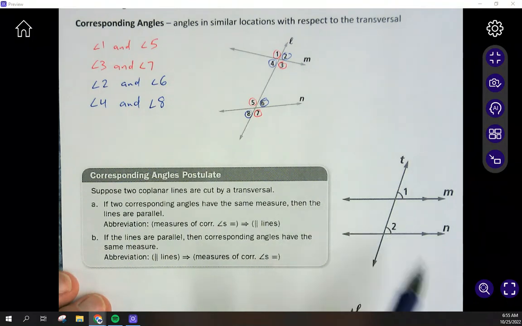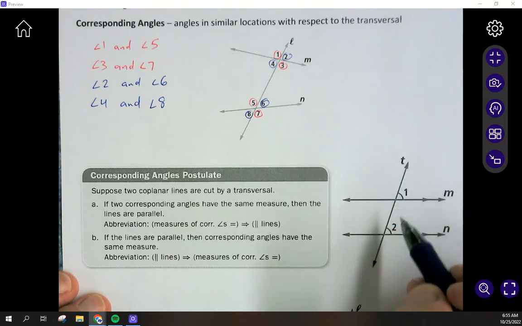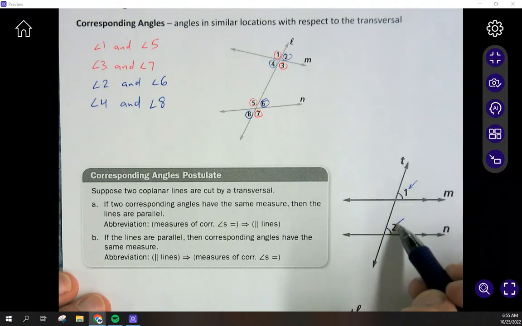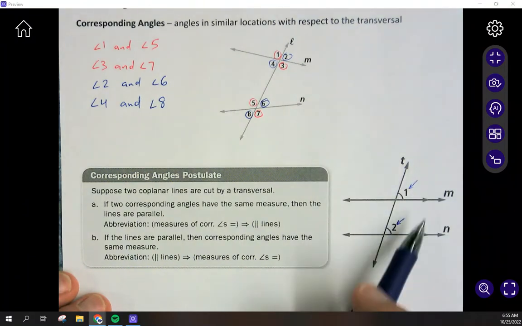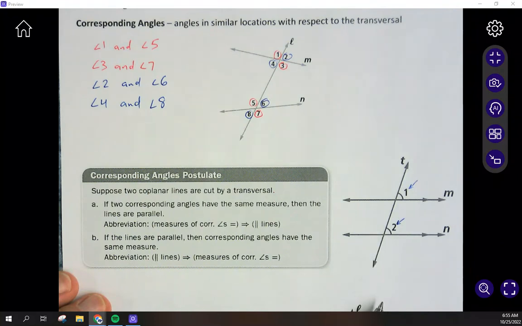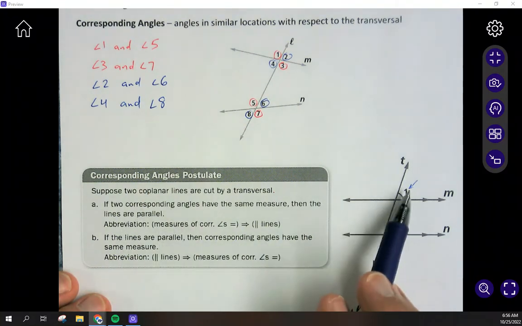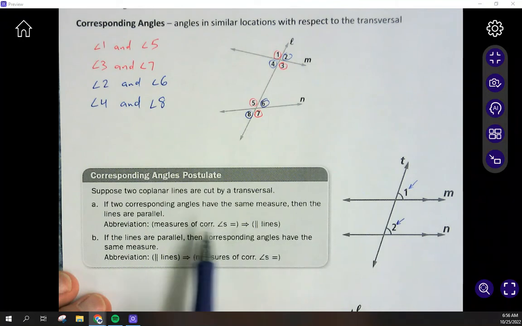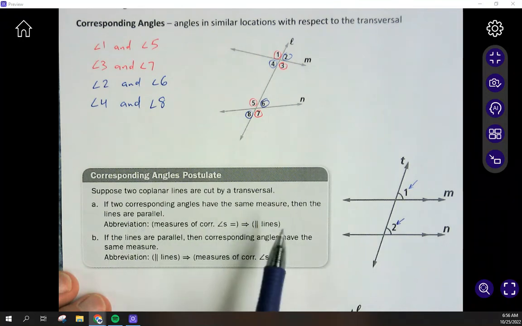So if you look over at this picture, you've got these groups of 4 angles, the corresponding ones right here in the top right position, angles 1 and 2. You see that marking. We've talked about that means that those angles are equal to each other. So if you see corresponding angles in the same position that have the same measure, then you automatically know that these 2 lines are parallel.